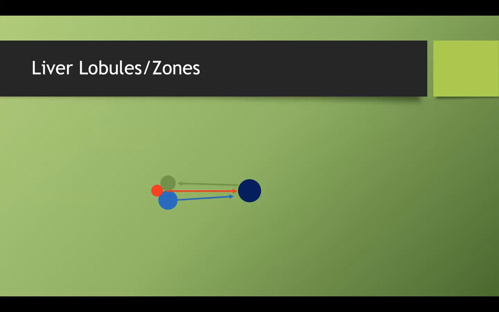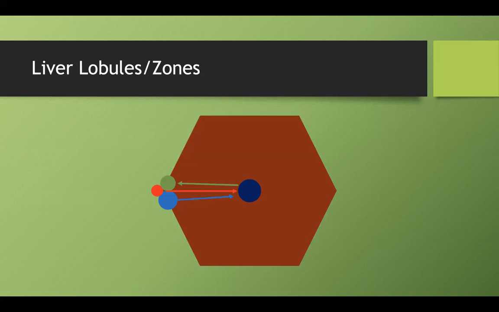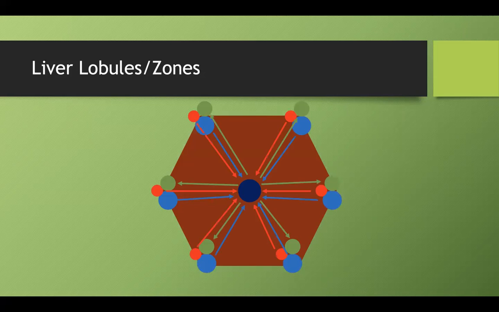Now, this isn't the only portal triad and central vein in our liver. In fact, it's not even the only relationship in one hepatic lobule. Each lobule has one central vein, but it is surrounded by many portal triads. And these all are draining bile out into the portal triad and blood into that central vein.